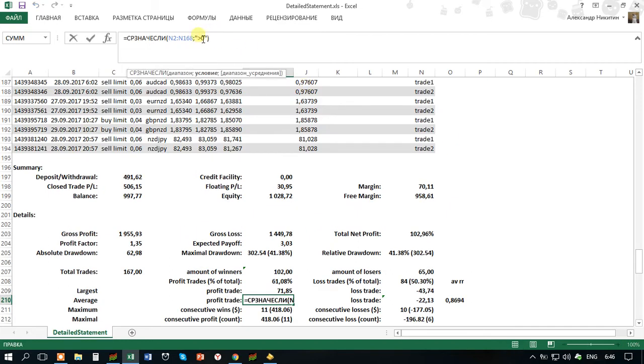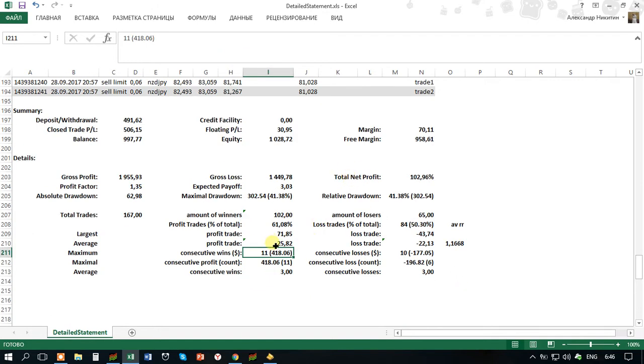More, not than 0, but more than 0.01. Yes? So more than that small winner. And we will have a bit different thing here. So it means that the average profit trade is 25 and that risk to reward is 1.16, but we should calculate the zeros as winners.